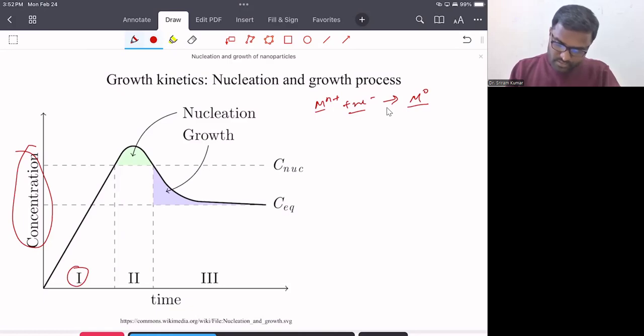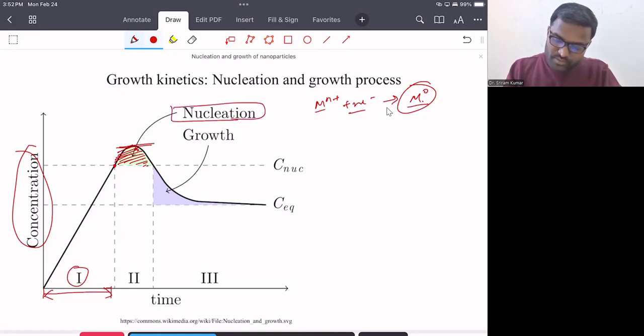In the first stage, there is an increase of this concentration, up to this time, that is needed to increase the concentration up to here. And once it is in the second phase, with the maximum range, the concentration in this particular time period is required for the nucleation process.